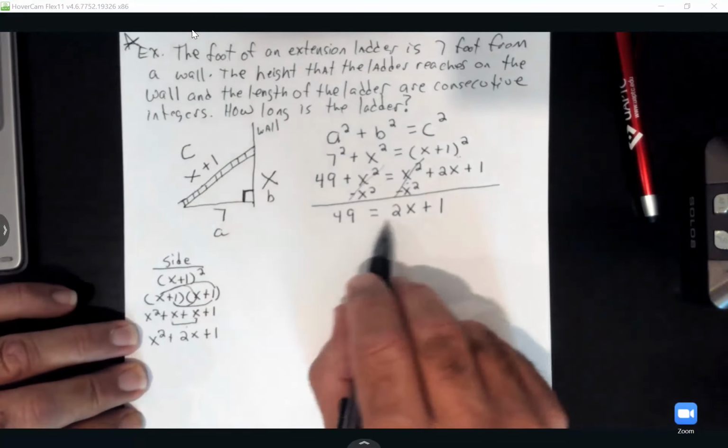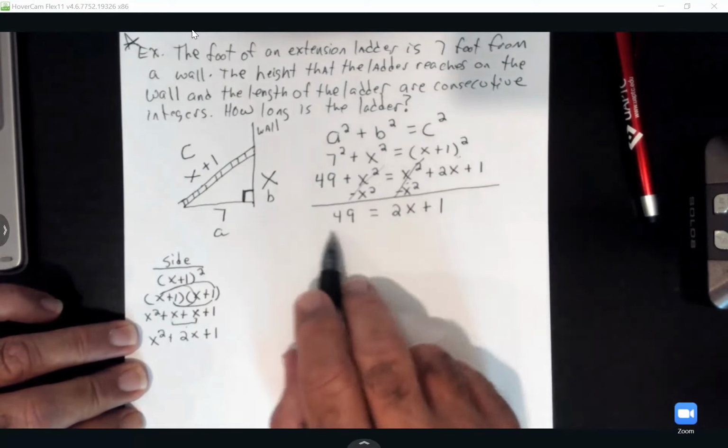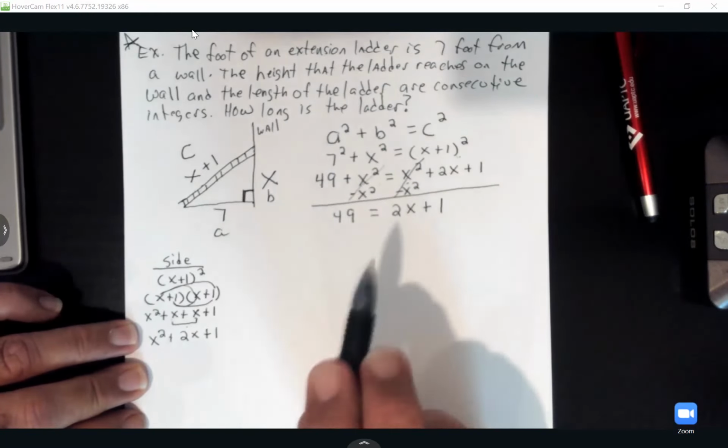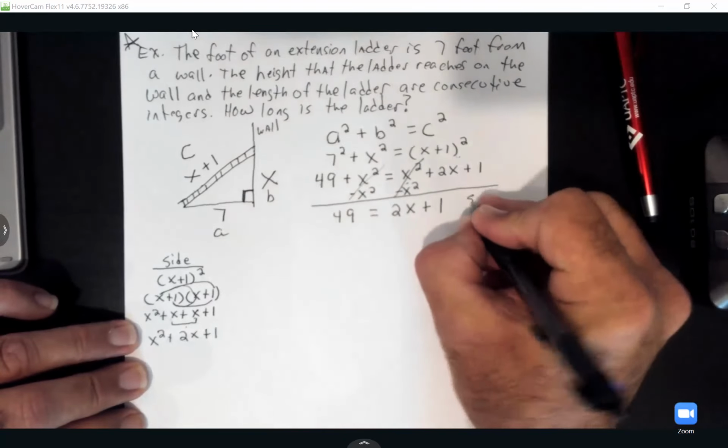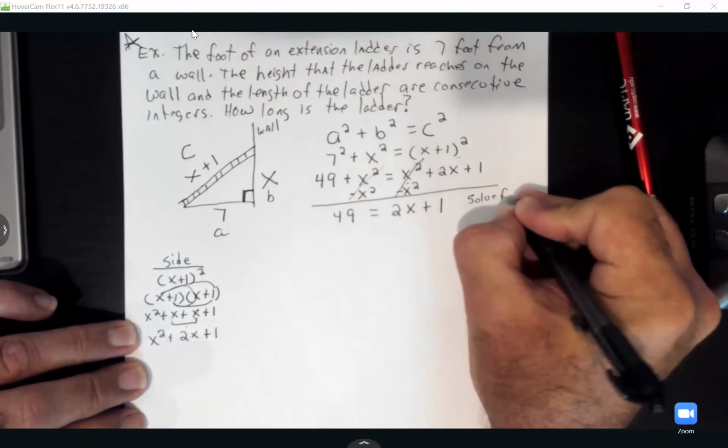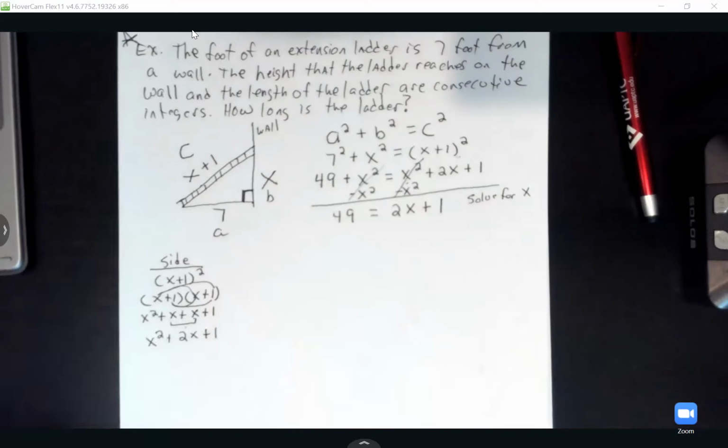So this is no longer quadratic because we don't have any x squared terms. So all I got to do at this point is solve for that x. I don't even need to get everything on one side equal to 0. I just need to get my x on one side, numbers on the other, and be done.